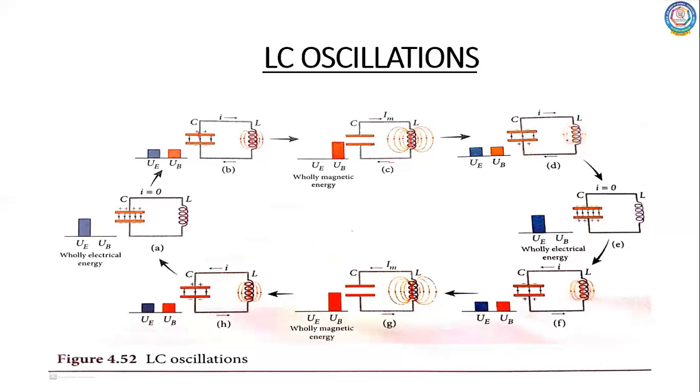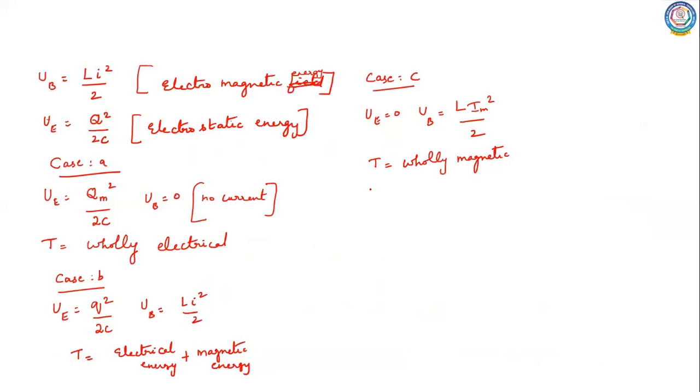So a part of the energy is transferred once again from the inductor to the capacitor. Now in this fourth case, case D, you have electrical energy and magnetic energy, so you have once again Q square by 2C and Li square by 2.